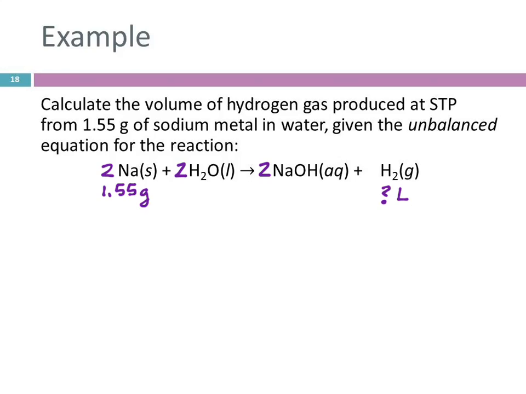So this is a mass volume problem. It's a variation of grams to moles to moles to grams. Grams to moles to liters. Grams of sodium to moles of sodium to moles of hydrogen to liters of hydrogen.